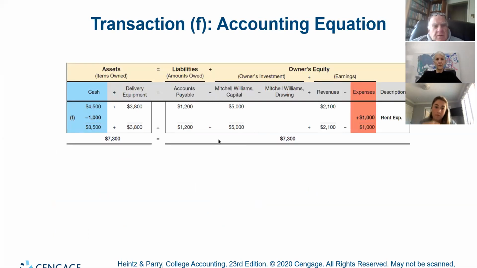And here we go. Transaction F. Cash down 1,000. Expenses went up 1,000, which means that owner's equity went down by 1,000. So getting real familiar with this little grid here is going to be very helpful when you get into chapter 3.